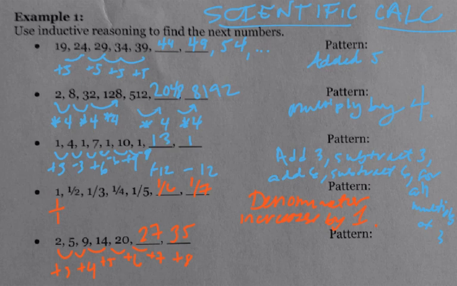So the pattern would be we add 3, and then you can think of it as 3, 4, 5, 6, etc. Or you could think of it as add 3, 3 plus 1, 3 plus 2, 3 plus 3, and so on.